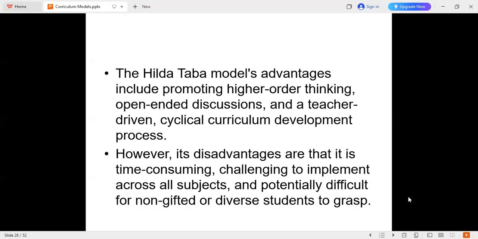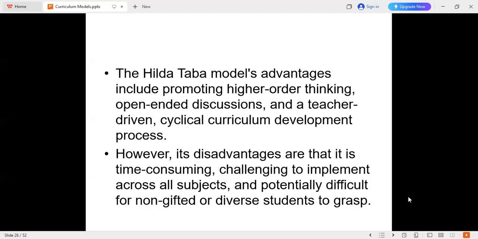The Tyler model's advantages include promoting higher order thinking. But the problem we have in Sri Lanka, we prepare students only for the exam. We are in the lower order, understanding, remembering, that is at that level.